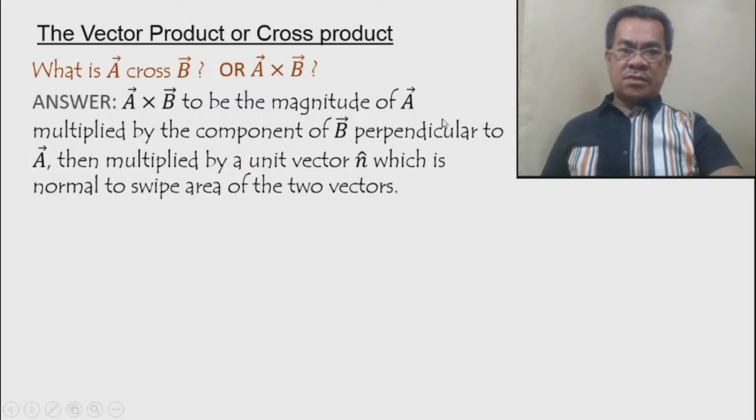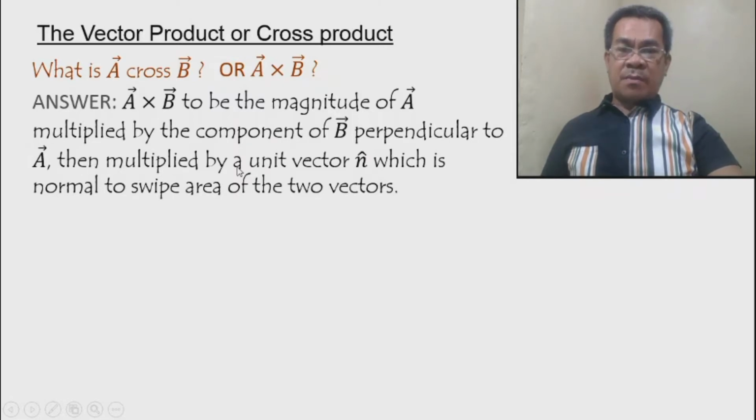But this is concerned with the component perpendicular to A. So A cross B means the product of the magnitude of A multiplied by the component of B perpendicular to A.